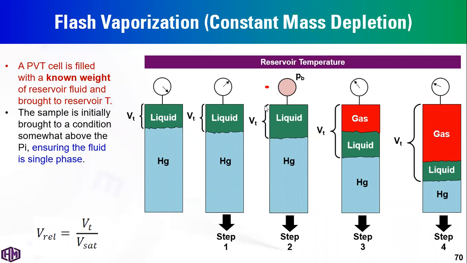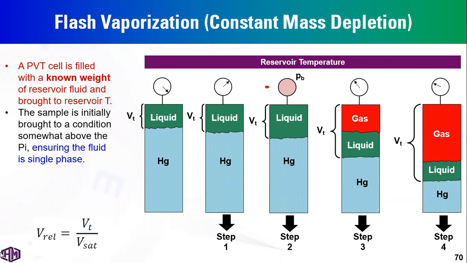We have single phase liquid, but at this pressure specifically, we have a much larger increase in the total volume, and at pressures lower than this value, we have some release of solution gas out of the liquid phase, which means the pressures right here in step 3 and step 4 are less than the saturation pressure.